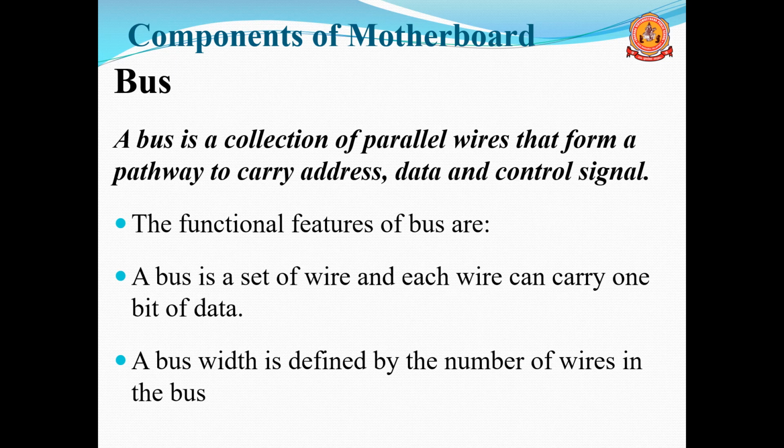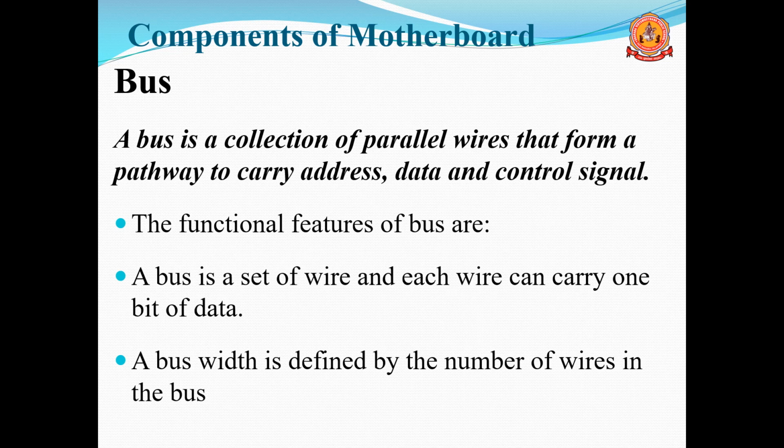That is known as a bus. It mainly forms a pathway between two systems, or two devices in a system, to carry the address, data and control signals. Address signals, data signals and control signals are carried through the bus.